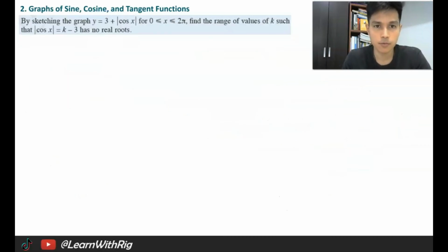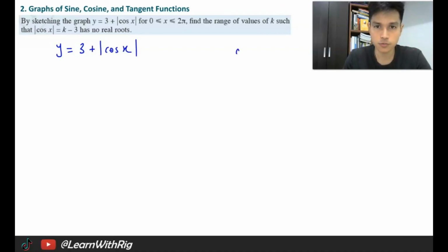By sketching the graph y equals, so they give you the equation. Find the range of values of k such that these two equations here have no real root. Let's do this together. They give you the graph y equals 3 plus modulus cos x.